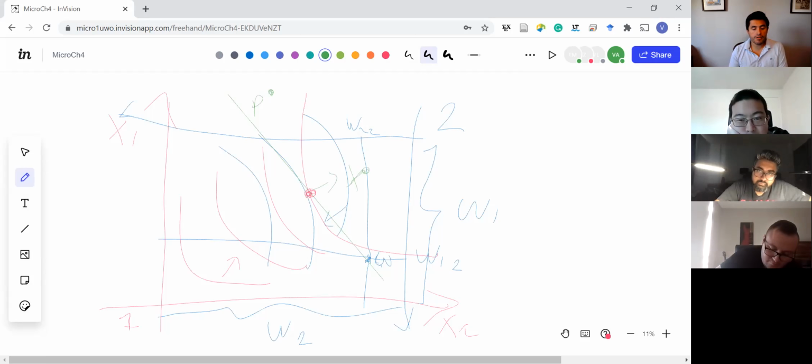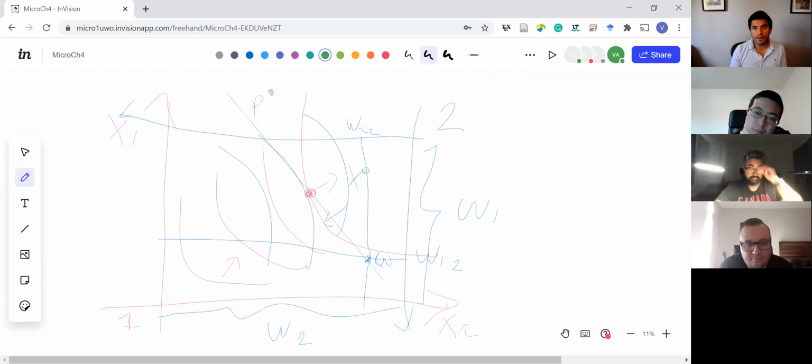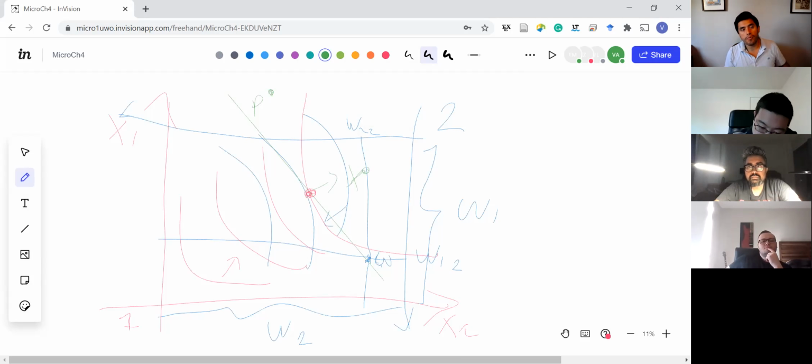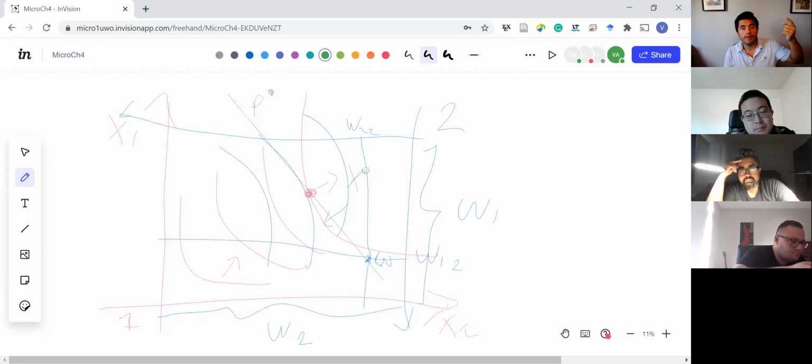So what are the properties of this equilibrium point? Well, basically, they lie at the tangency of the two indifference curves, red and blue. And then the line that goes through the tangency has to go through the endowment, okay? So 2 points in this two-dimensional figure determine a line completely.